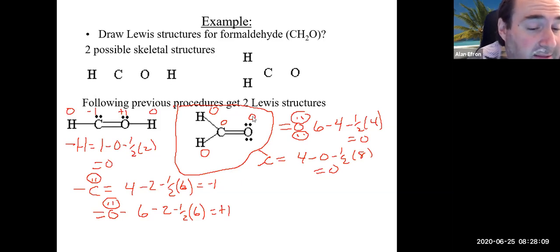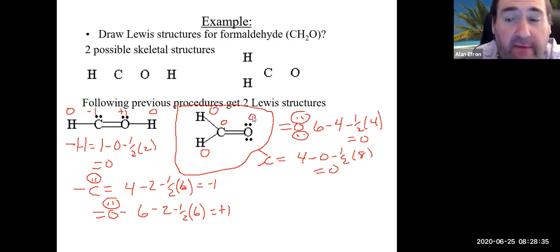So that also makes the structure on the left not so desirable, because our more negative formal charge ends up on the least electronegative atom between the two. So these are the things you use formal charge for when you have a situation like, well, maybe I could draw this structure or that structure. You can use it to help you decide which one might be the better structure.